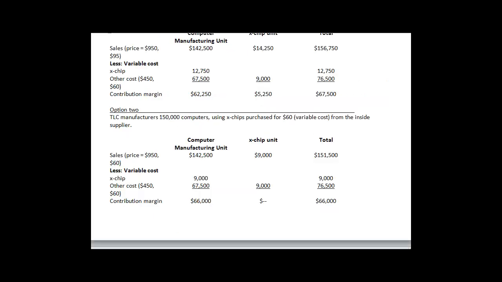For option 2, TLC manufactures 150,000 computers using X chips purchased for $60, the variable cost, from the inside supplier. The computer manufacturing unit sales is the 150,000 computers times the $950, giving you a total of $142,500.